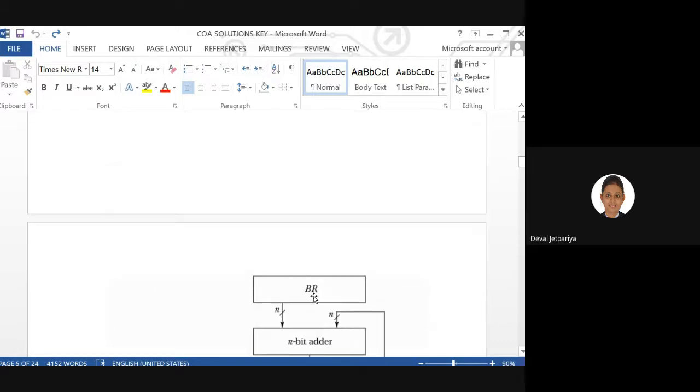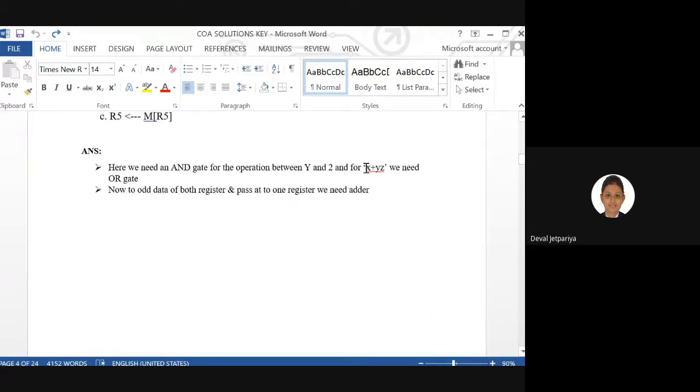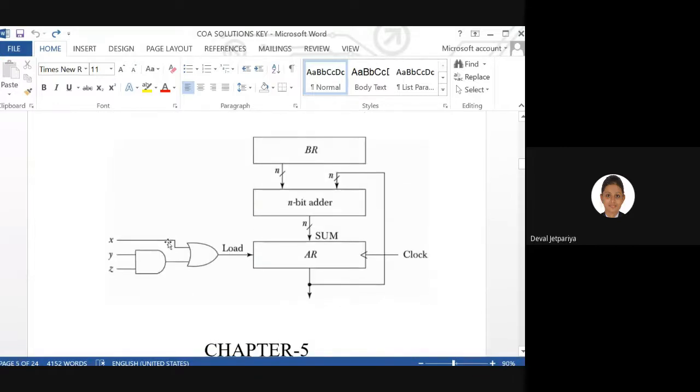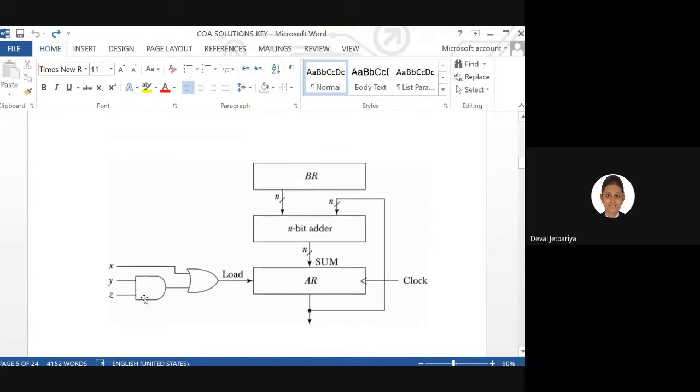And apart from that, as they have said in the question, x plus yz we are transferring in terms of control signal. So that you can transfer like this, as they are control signals. So for y and z you can use an AND gate, and whatever output we are getting, you can pass to an OR gate.